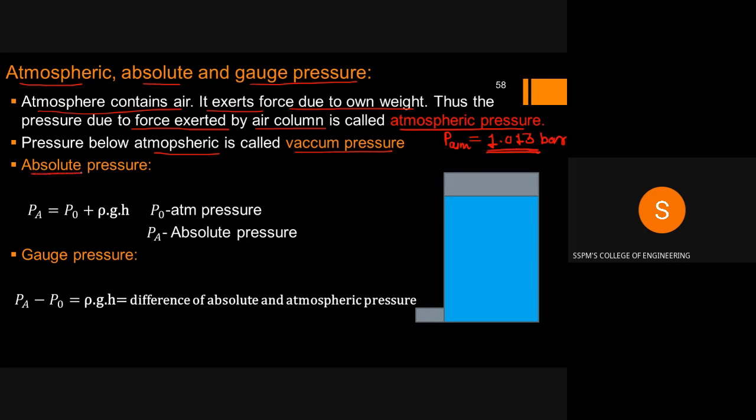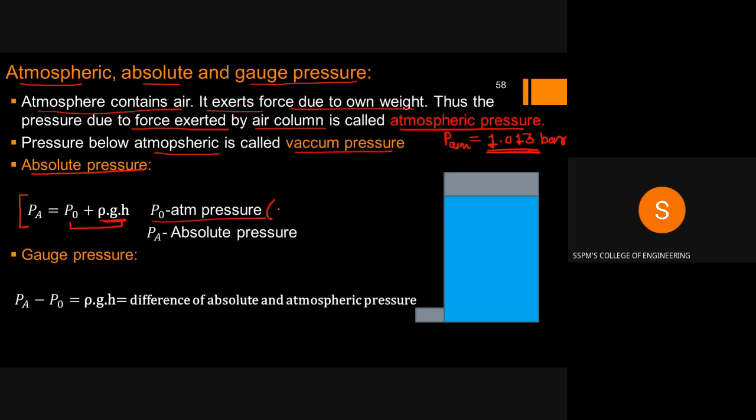Now what is absolute pressure? Absolute pressure at any point A is the addition of atmospheric pressure plus the gauge pressure. So P absolute is equal to P naught plus rho gh. This P naught is nothing but the atmospheric pressure.